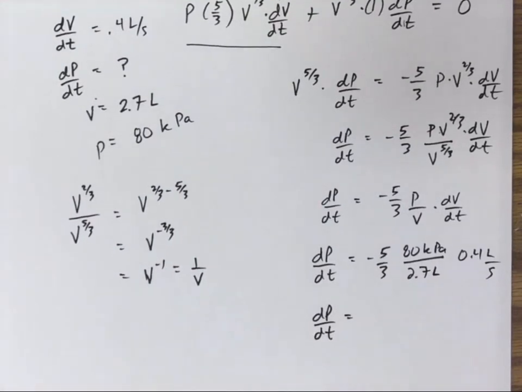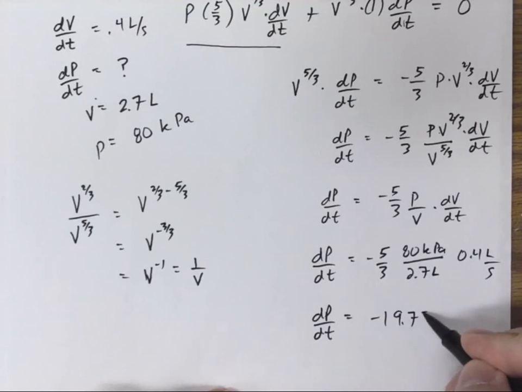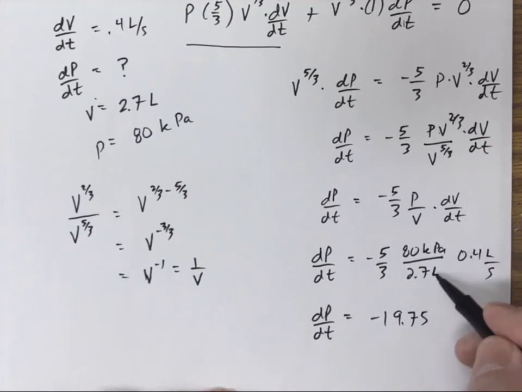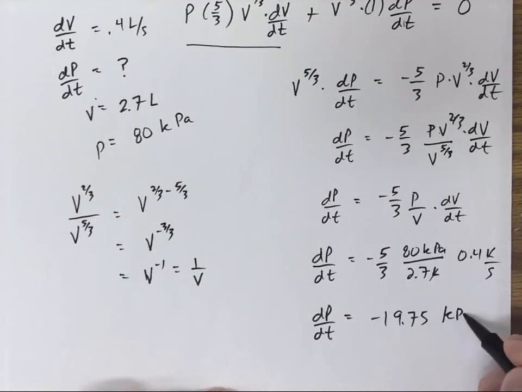Now once again, if I could grab my calculator. So if I go across the top, negative 5 times 80 times 0.4 divided by 3 divided by 2.7, negative 19.75, the liters cancel. So negative 19.75 kilopascals per second.